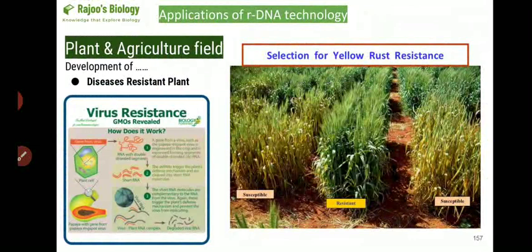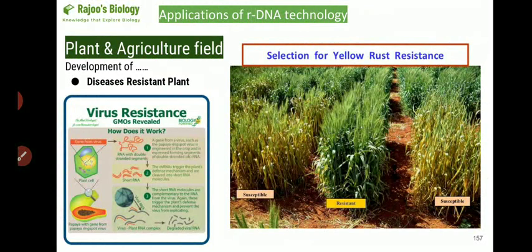To reduce the effect of these harmful chemicals, it is possible to modify the plant so that it becomes resistant to viral, fungal and bacterial infection. This is the application of rDNA technology, whereby you find certain genes and introduce them into the plant. So this plant becomes resistant to virus, fungi and bacterial infection.